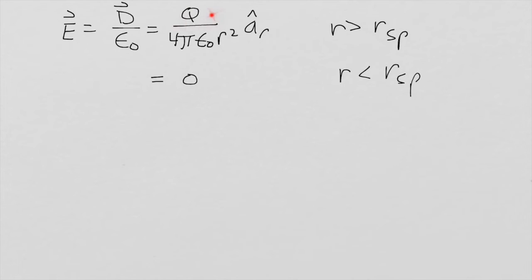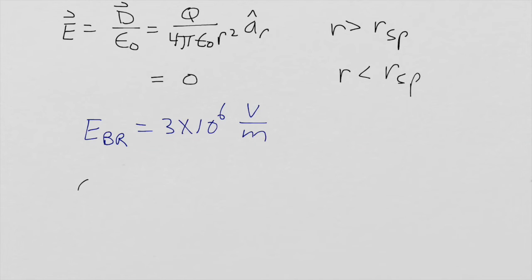As charge builds up on the sphere, the electric field intensity is going to increase, and the maximum electric field intensity is going to occur on the surface of the sphere. So the charge on the sphere is going to increase until the electric field intensity on the surface of the sphere reaches the dielectric breakdown strength of air. The dielectric breakdown strength of air is 3 times 10 to the 6 volts per meter.